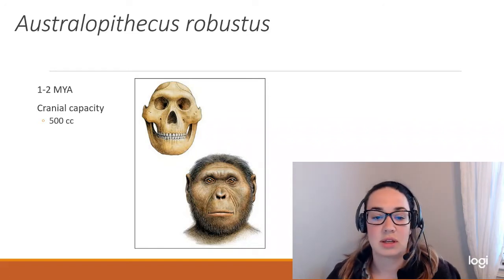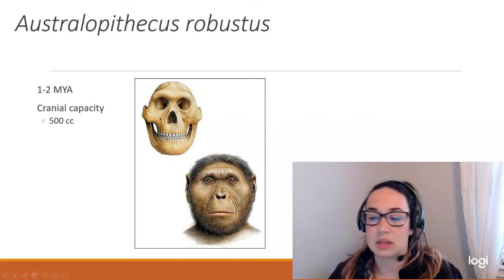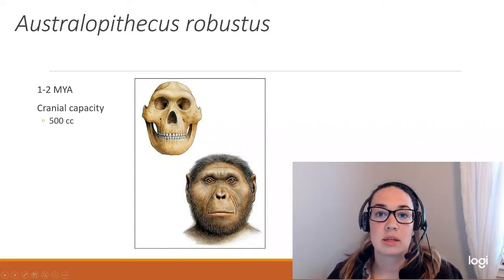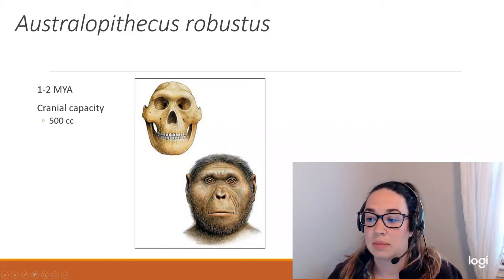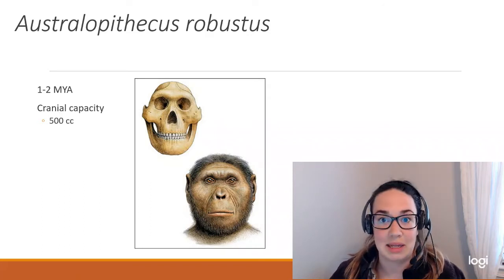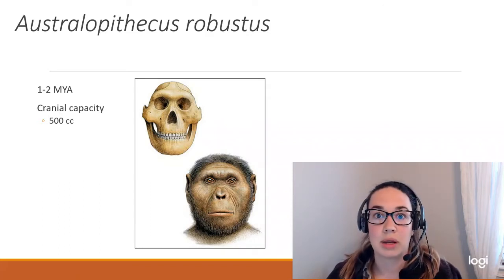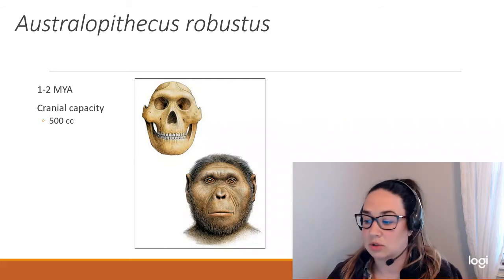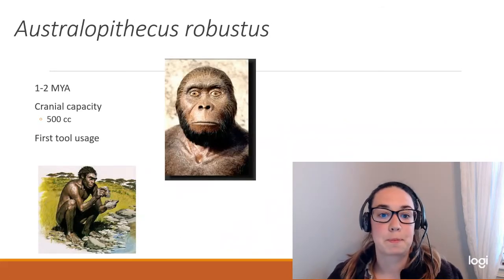So we're going to start seeing a really great increase, because we're going to start seeing our ancestors using all these tools to help us obtain meat, which is really going to help our brains grow nice and big into what we have today.